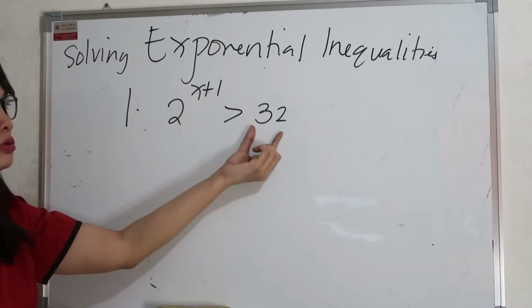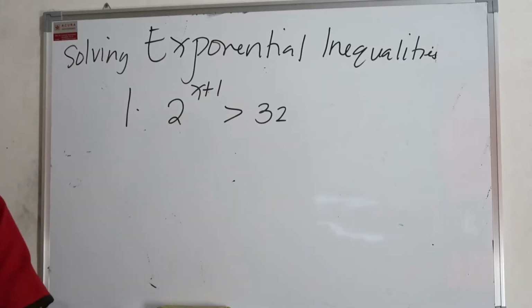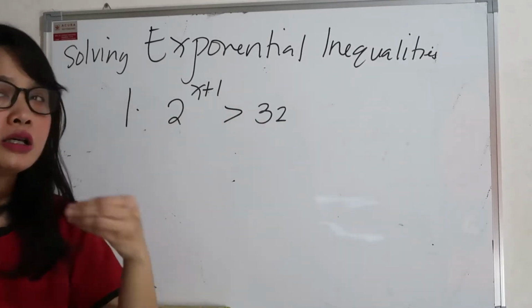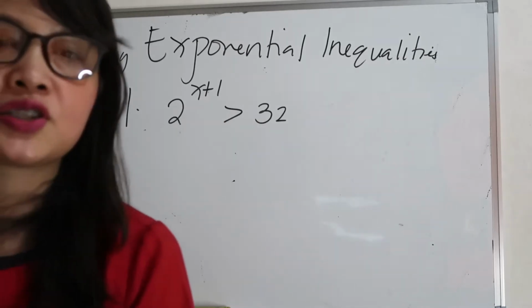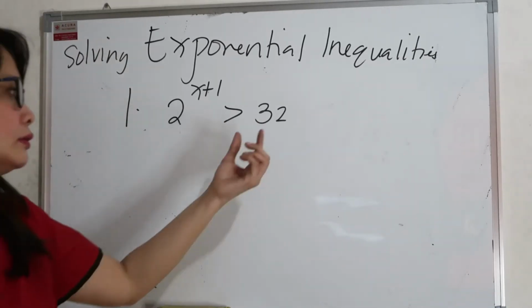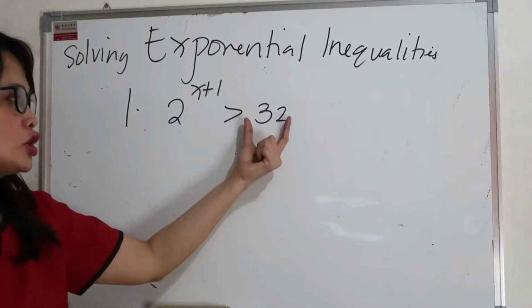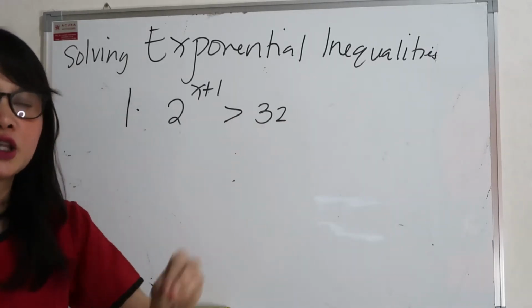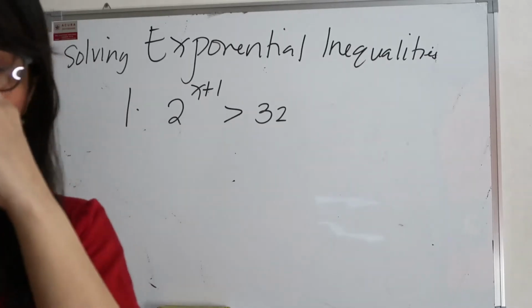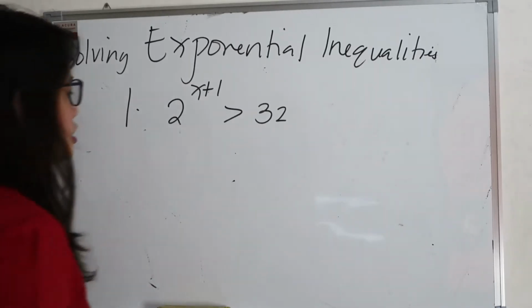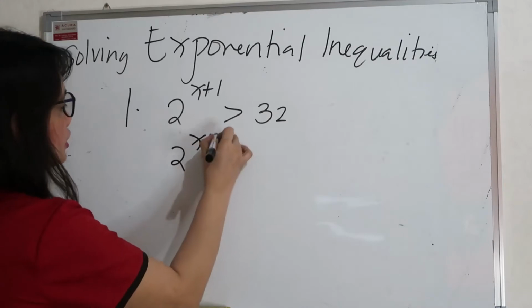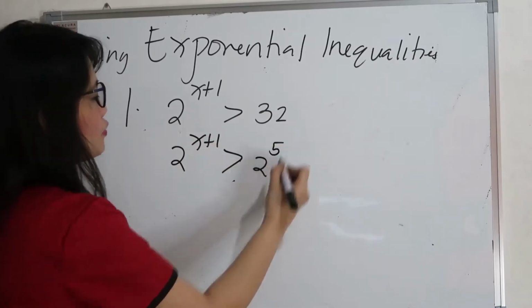So we need to write 32 as an exponential expression. How do we rewrite 32 as an exponential expression? Can you please convert 32 into an exponential expression? So what would be? 2 to the power of 5. Okay, so that will become 2 raised to x plus 1 greater than 2 raised to 5.